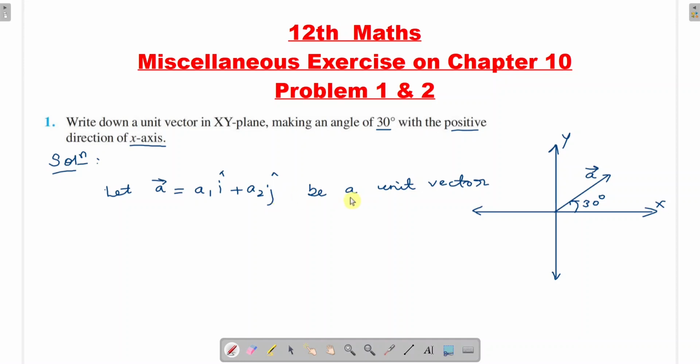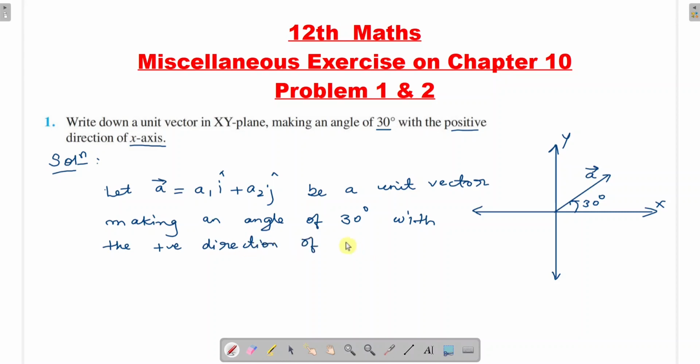There is no k cap because the vector is in the xy plane. So, a unit vector making an angle of 30 degrees with the positive direction of x axis.